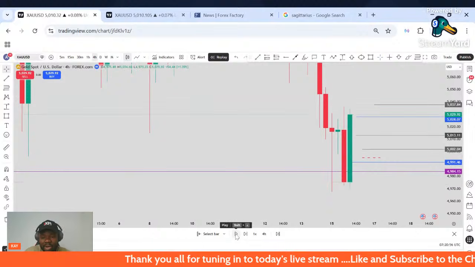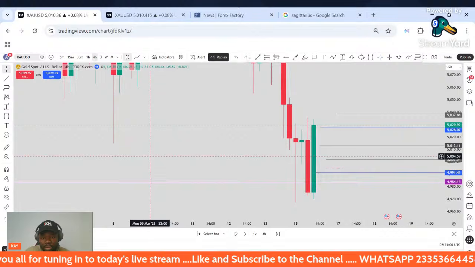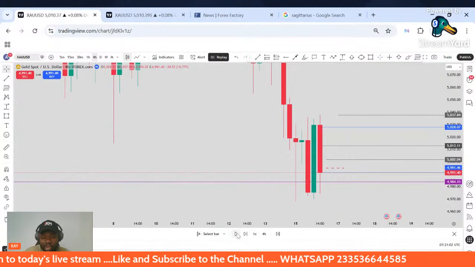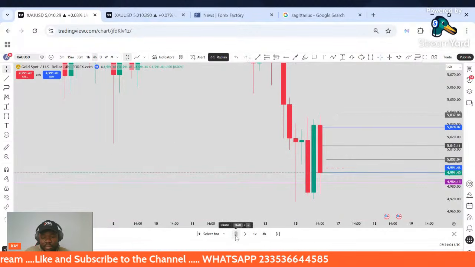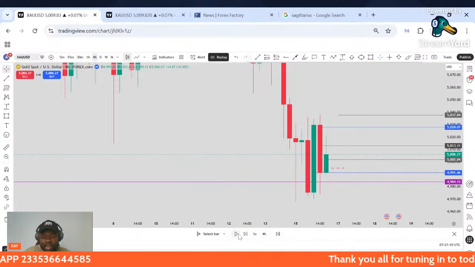So I'm showing you how I would have executed the Asian trade. So you had a pullback. This candle is going to close at 10.